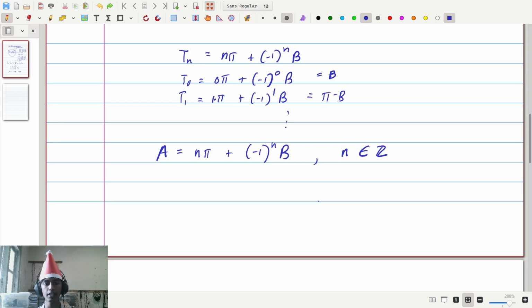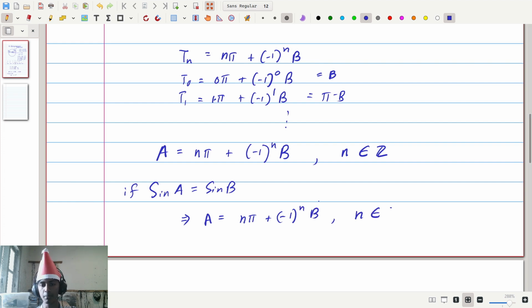So here, in summary, what we have is that if sine A is equal to sine B, we have derived that in this case A is going to be n pi plus negative 1 to the power of n times B for some integer.